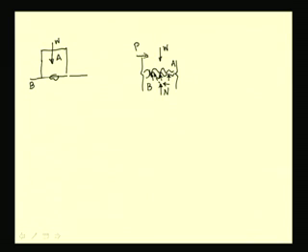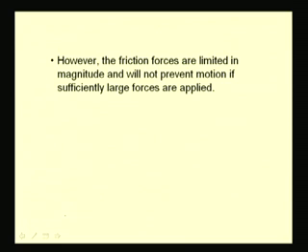If P is the force, and the horizontal component of these reactive forces is F, it balances this force P, and this happens only for small amounts of horizontal force P. As this force increases, ultimately these material features deform and the interlocking is no longer maintained, and the object A starts moving or sliding on the object B. So, these frictional forces are limited and they prevent motion only to certain degrees, and if the forces are large, then the motion actually takes place.